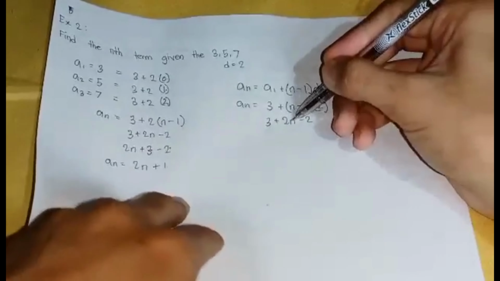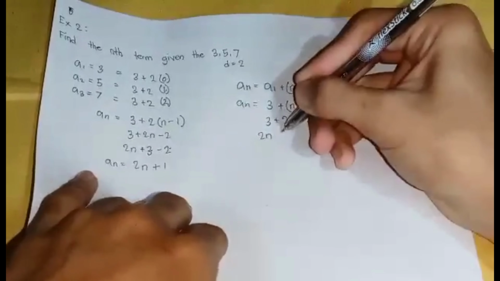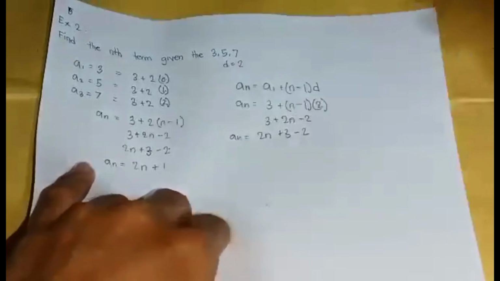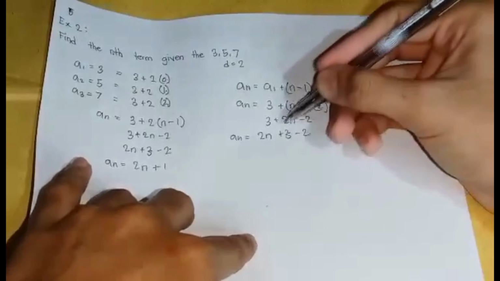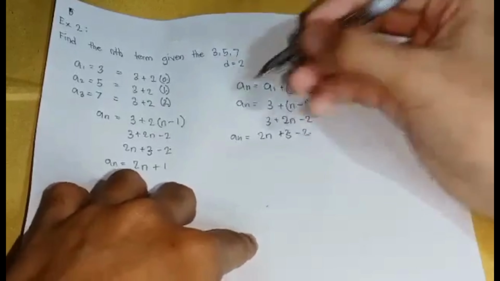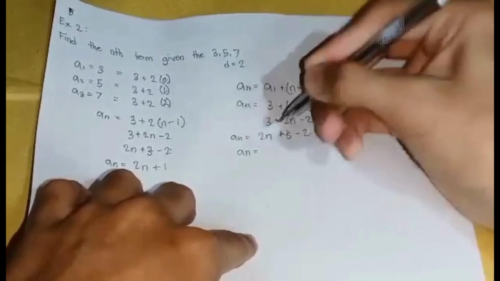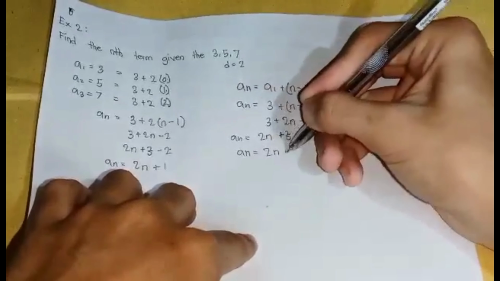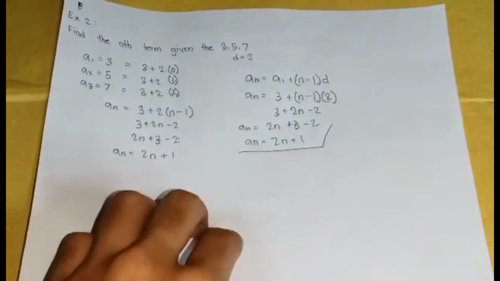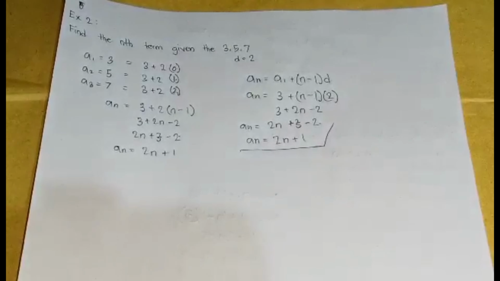Ngayon, mas mauuna ang variable, 2n plus 3 minus 2, a sub n equal. So, 3 minus 2, mas malaki ang 3, kaya kukunin natin ang sign niya. Magiging a sub n is equal to 2n plus 1. So, parehas na naman sila ng answer. Kaya, merong dalawang ways para masagot natin ang mga arithmetic problem.